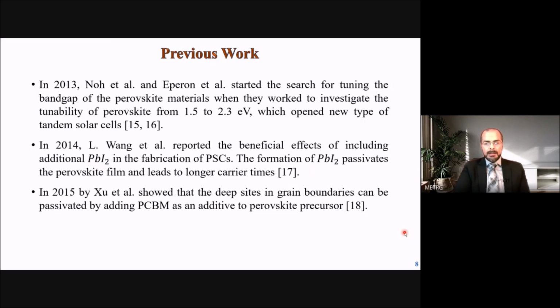A year after that, Zhou and his team showed that the deep traps, or the deep states, and the grain boundaries can be passivated, eliminated or reduced by adding a fluorine type of material. We call it PCBM, as an additive to the perovskite precursor.